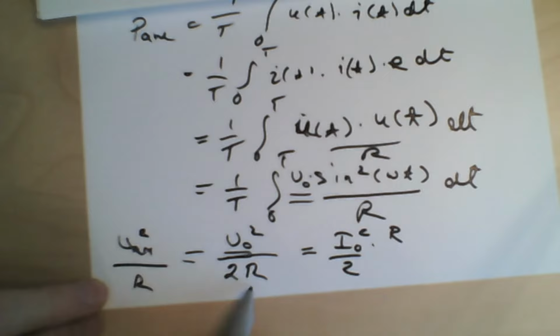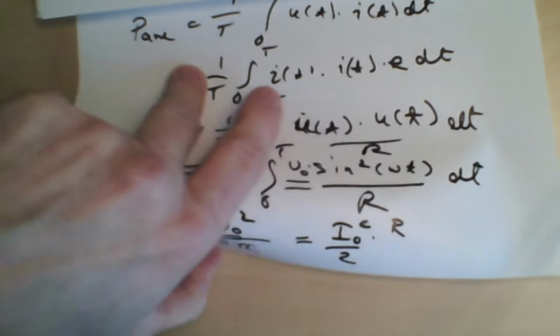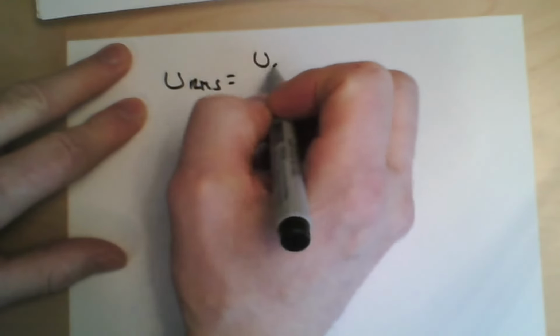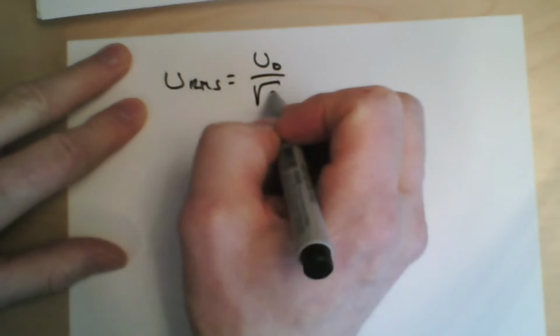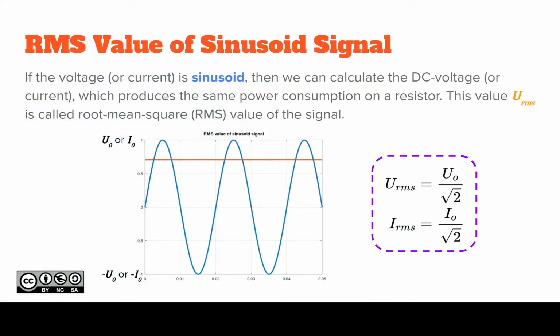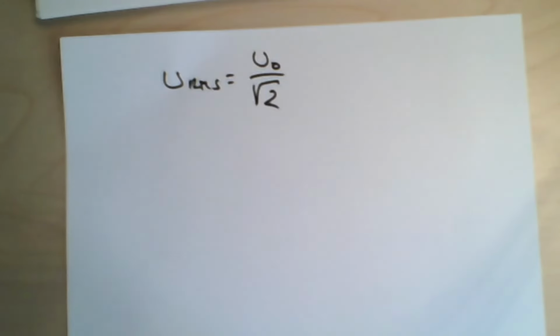Okay, same resistor, which practically means that our U_RMS is the amplitude divided by square root of 2. The same thing also for the current. So that's the RMS value, tehollisarvo.